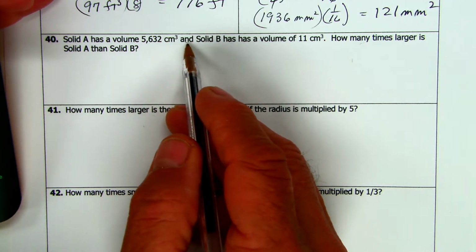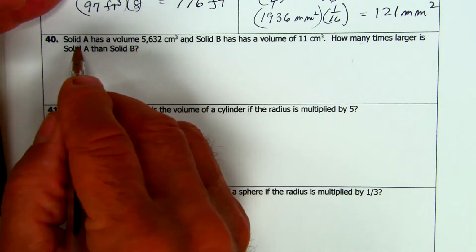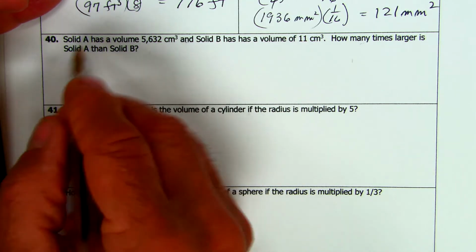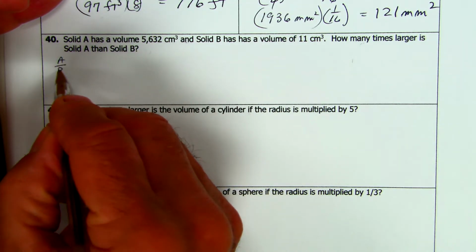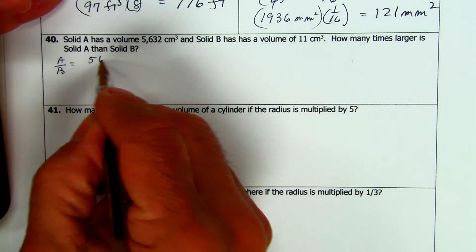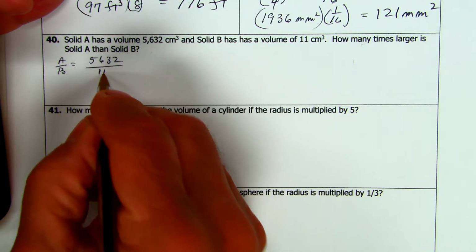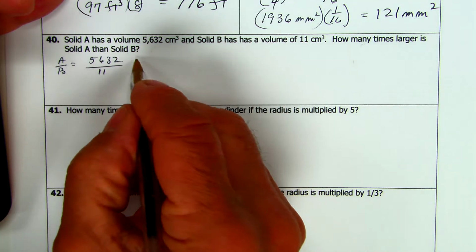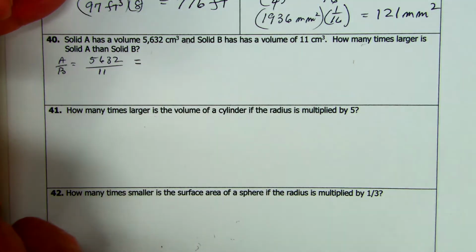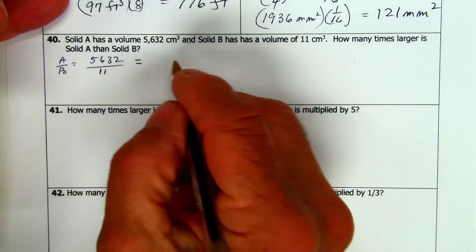So let's take A to B. So that's going to be 5,632 over 11. And if we do the math there, we get 512.